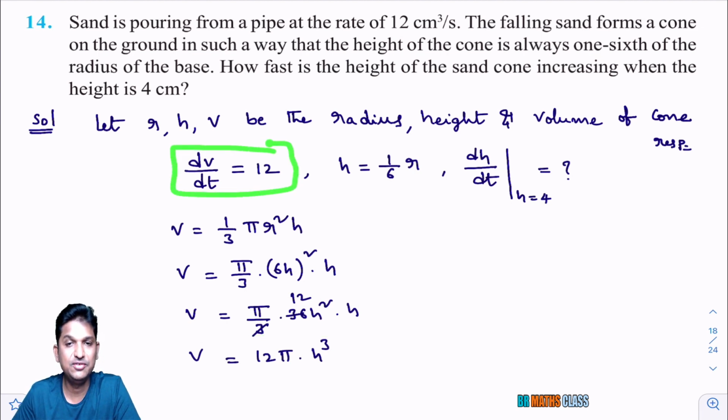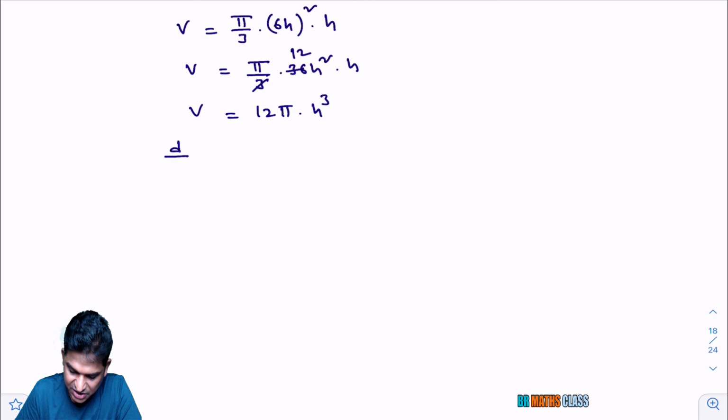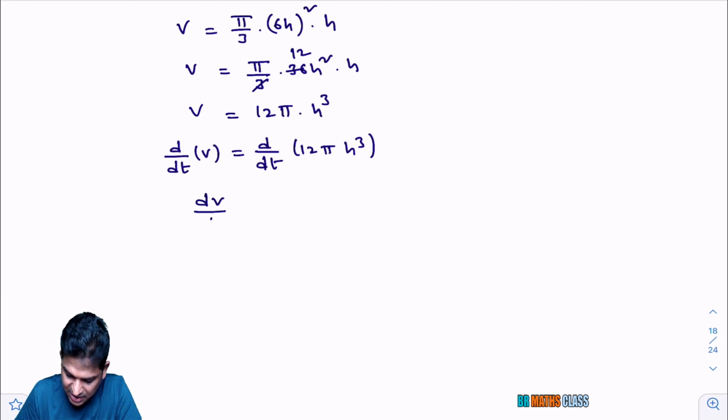To use this dv by dt, I'll differentiate this equation with respect to t on both sides. Yes, I am differentiating this with respect to t on both sides. d by dt of v equals d by dt of 12 pi h cube. Okay, so what will you get here? dv by dt equals 12 pi into the derivative of h cube.